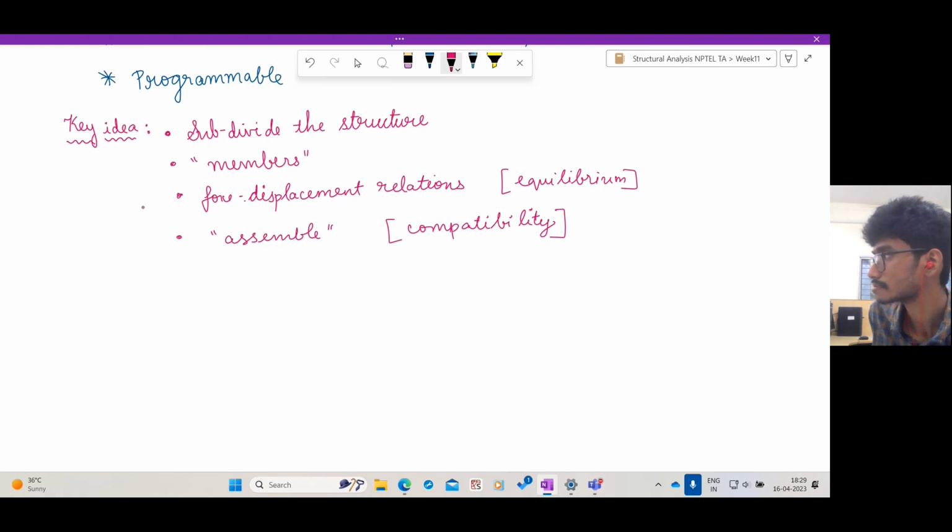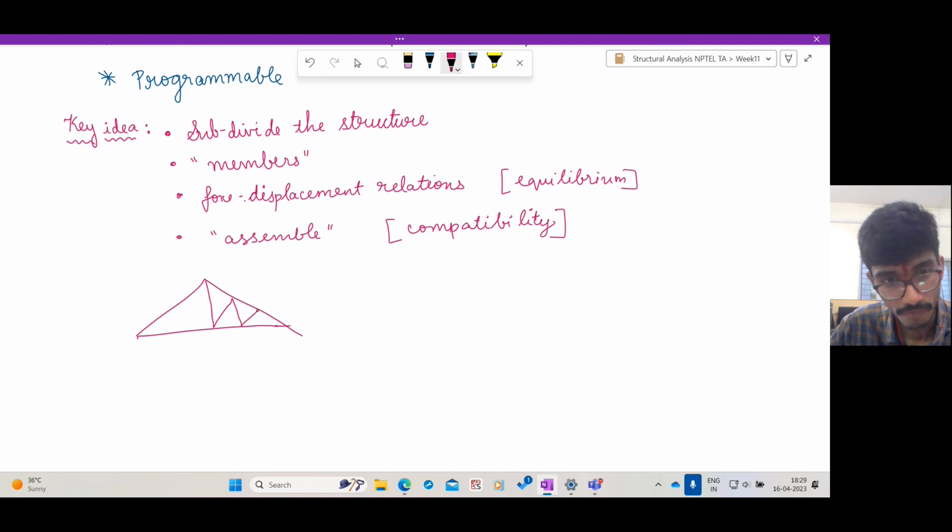So this is quite straightforward. If you have a truss subjected to loads at various points, you don't consider the entire truss at once.